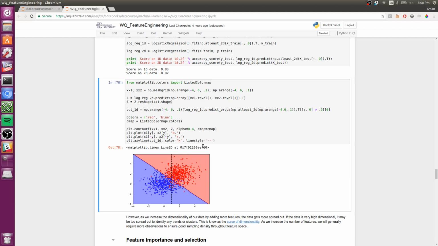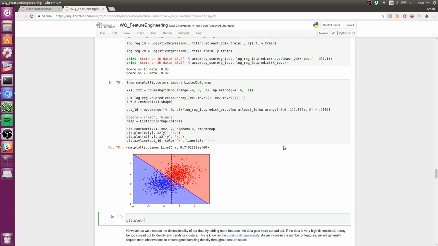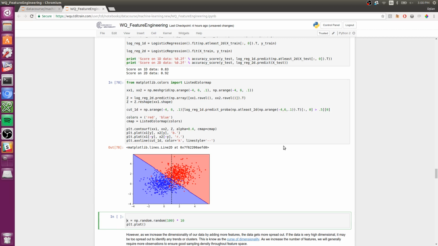If I have some data, so we'll start with 1,000 data points.